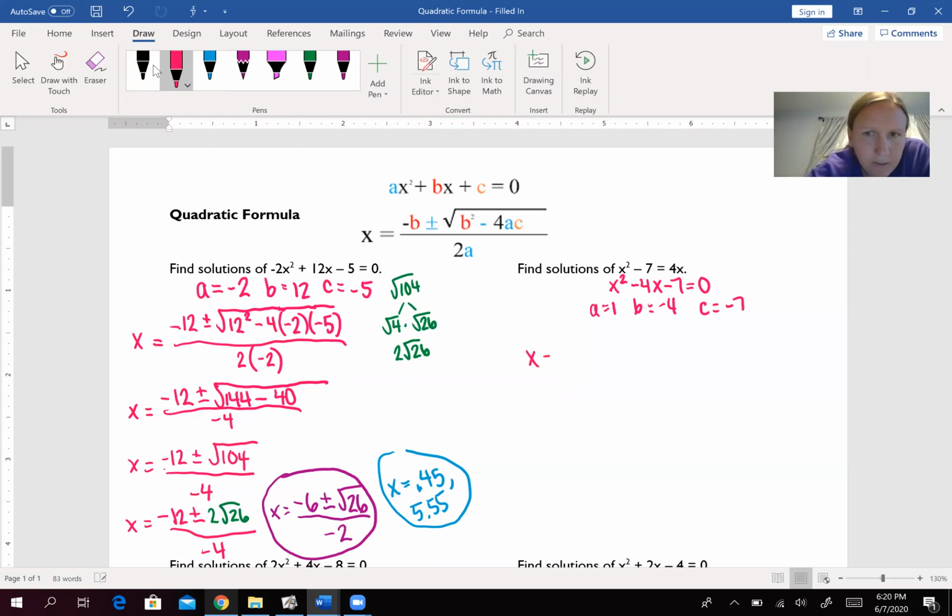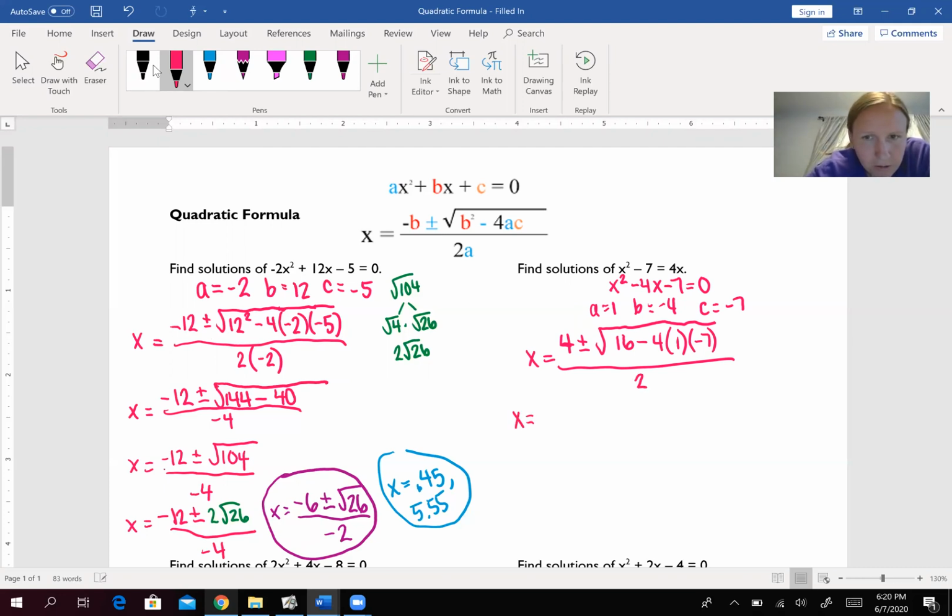So x equals -b. So -4 actually just means a +4, plus or minus the square root. This is where I'm going to start kind of just doing stuff here. So b squared, that'll be -4 times -4, which is 16, minus 4 times 1 times -7, all over 2a. So 2 times 1 is just 2.